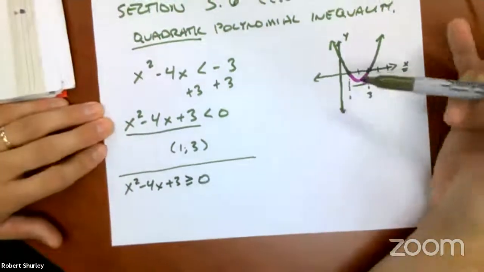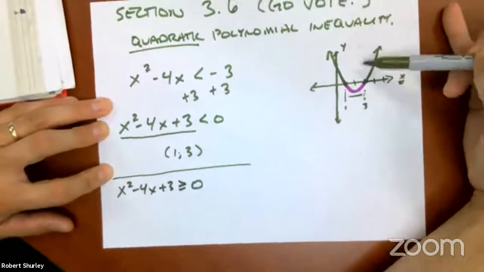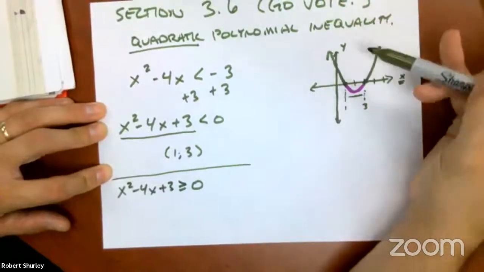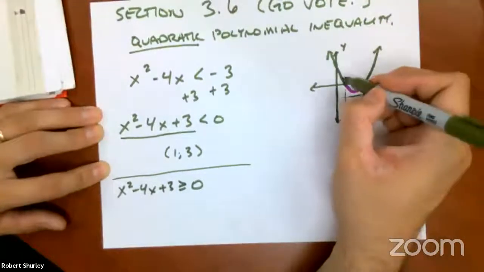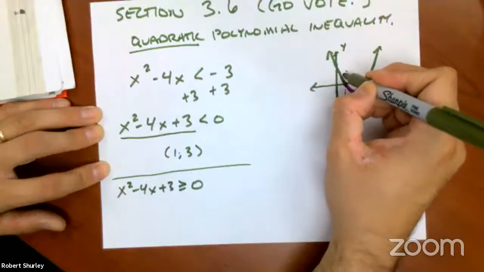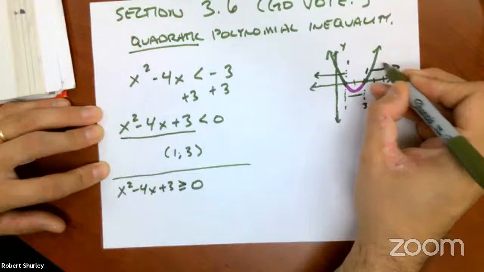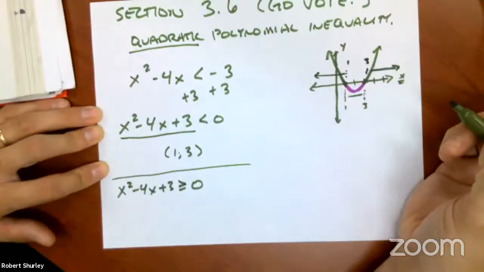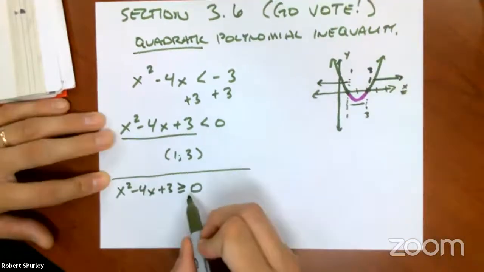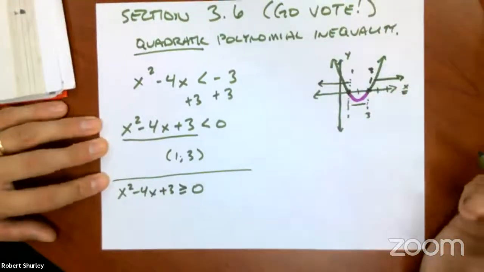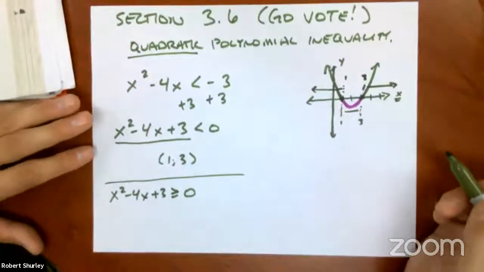Greater than or equal to 0 means it's above the x-axis. Well, it's above the x-axis forever to the left of 1 and forever to the right of 3. Now, because we have an equal sign here, we're going to include the intercept, where it equals 0.